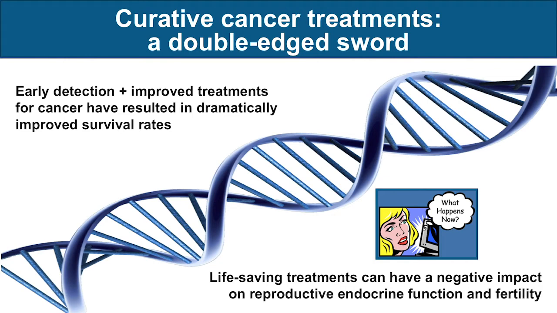Okay, so we're all at this meeting because curative cancer treatments are a little bit like a double-edged sword. Early detection and improved treatments for cancer have resulted in dramatically improved survival rates. But at the same time, we know that these life-saving treatments can also have profoundly negative impacts on reproductive endocrine function and fertility.